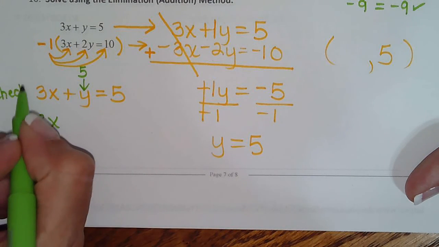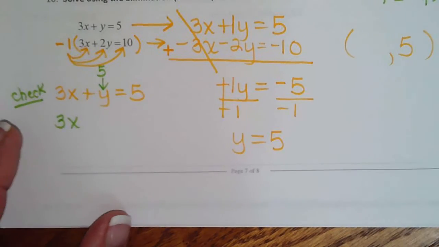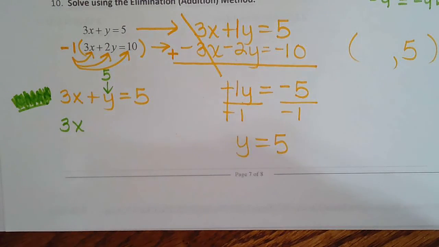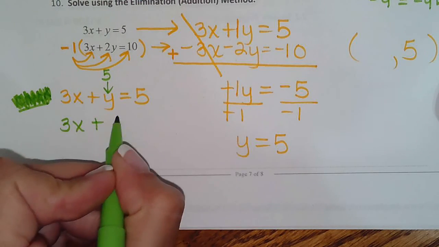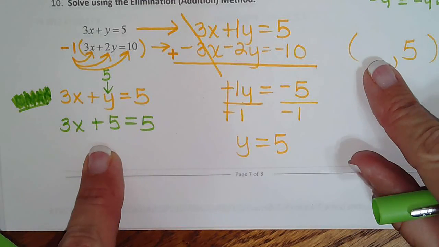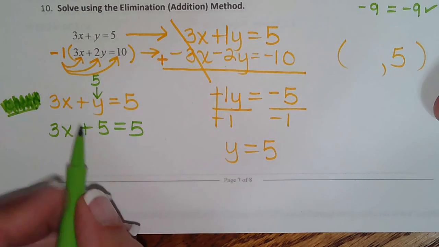So to check it, we have 3x, and let's just write check here. So when you look back at it, actually, we're not checking, are we? We are finding y. Okay. I'm getting a little loopy, sorry. Too many videos today. So 3x plus 5 equals 5. So this isn't checking, this is finding the second variable. And then we need to solve.